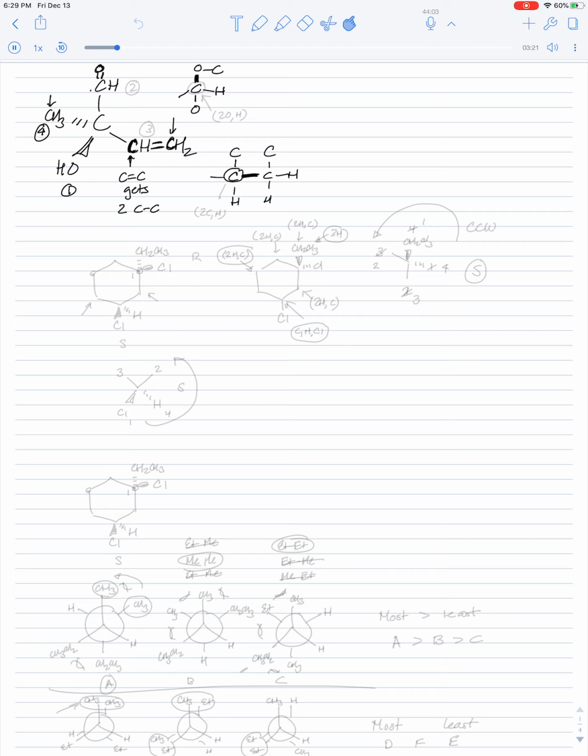So now I can compare this carbon to this one. This carbon has what? 2 C's and an H attached to it. What does this one have? 2 O's and an H. Which one wins? That's number 1. That's number 2.